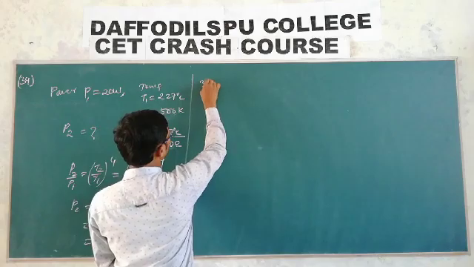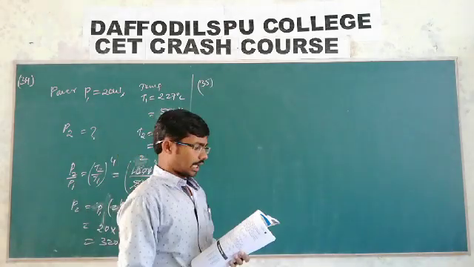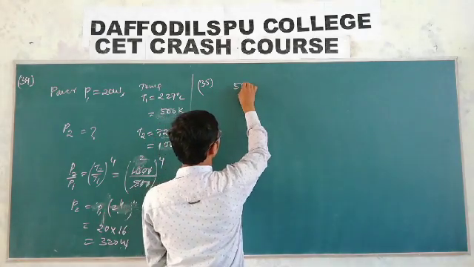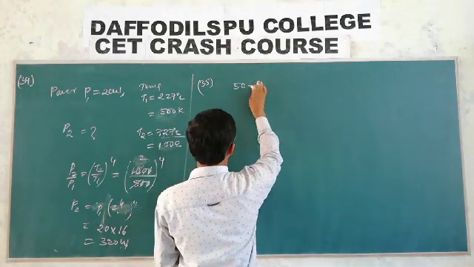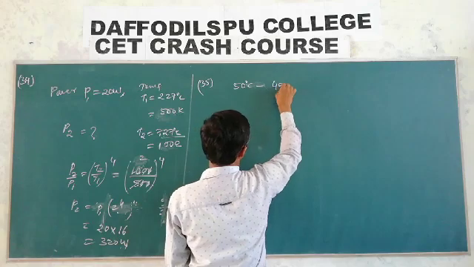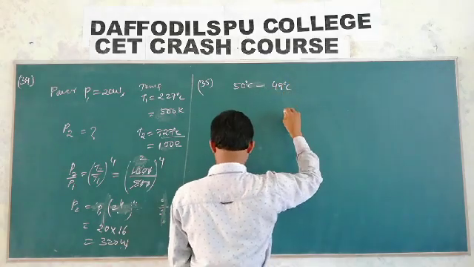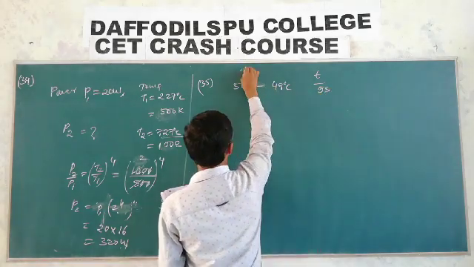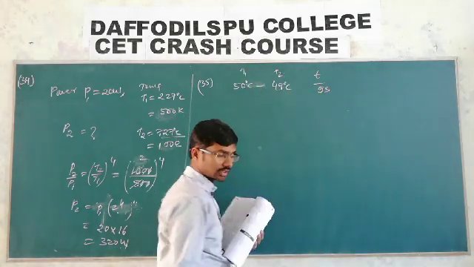Next, 35th one. A body cools from 50 degrees Celsius to 49 degrees Celsius in time 5 seconds, T1 and T2.